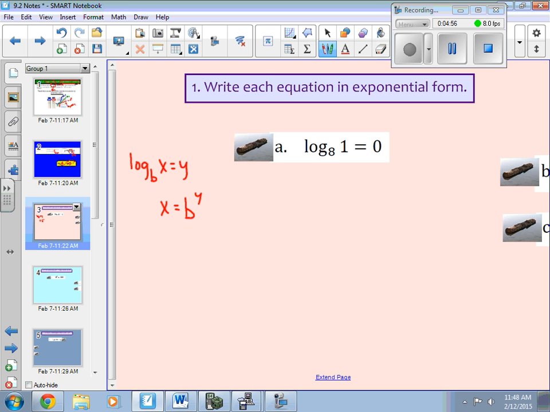So if we write this one in exponential form, 1 stays where it's at. The base of our log becomes the base of our exponential. This number becomes the exponent. So we can check if this is true or not. Does 1 equal 8 to the 0 power? Yeah, anything to the 0 power equals 1. Really, this is saying 1 equals 1. We did this problem right. Let's try another one.